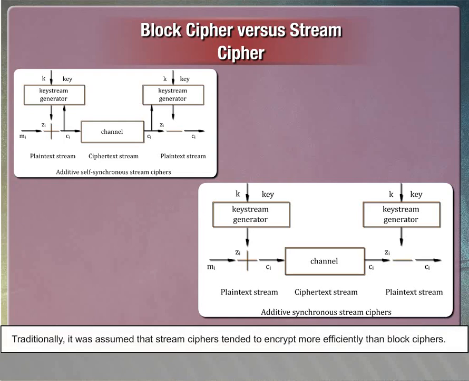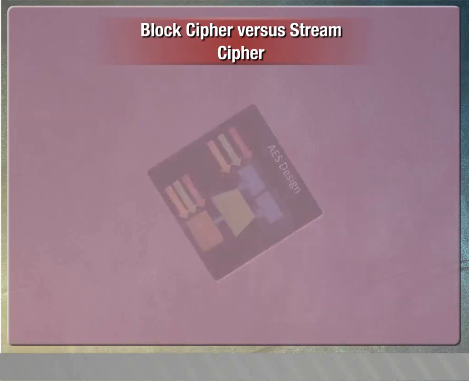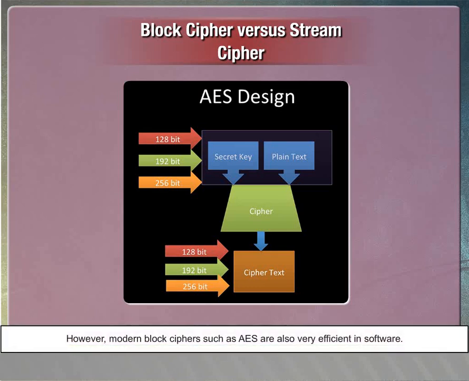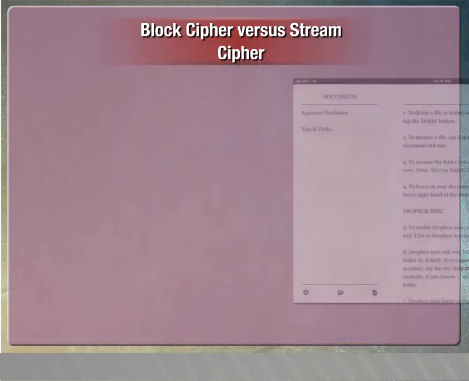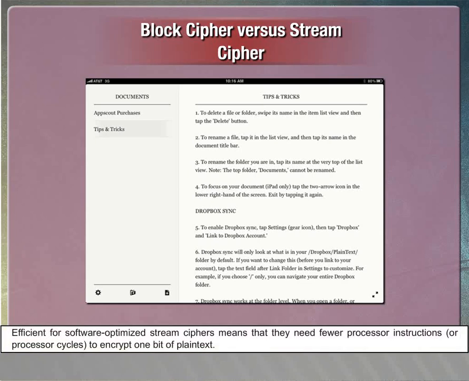Traditionally, it was assumed that stream ciphers tended to encrypt more efficiently than block ciphers. However, modern block ciphers such as AES are also very efficient in software. Efficient for software-optimized stream ciphers means that they need fewer processor instructions or processor cycles to encrypt one bit of plaintext.